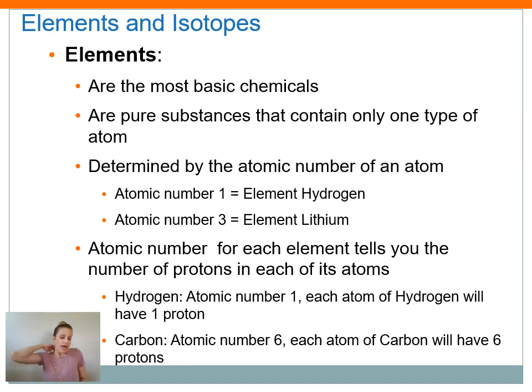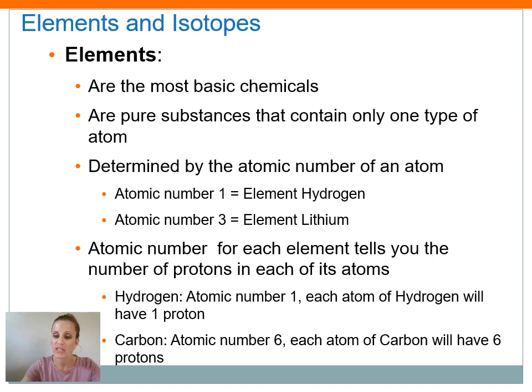An element is determined by the atomic number of the atom. So if it's atomic number 1, it's hydrogen. Hydrogen correlates with atomic number 1. Atomic number 6 is carbon.